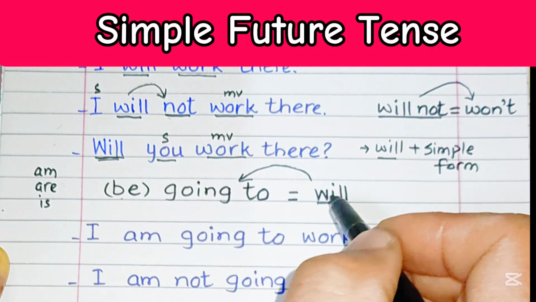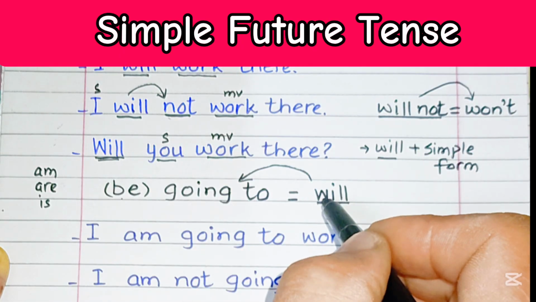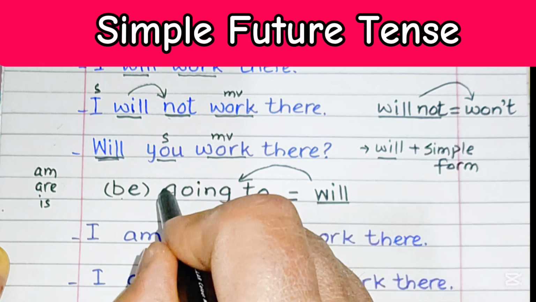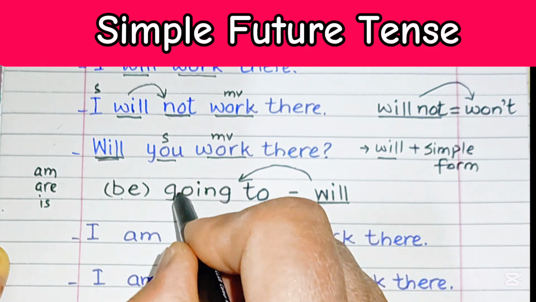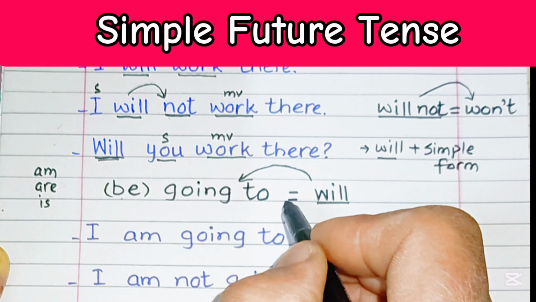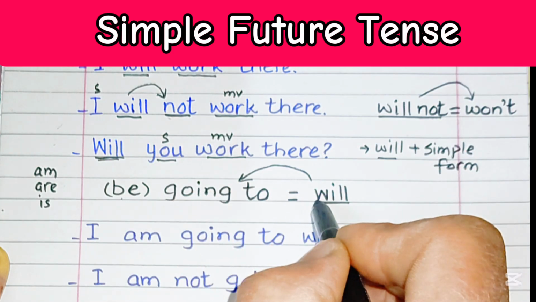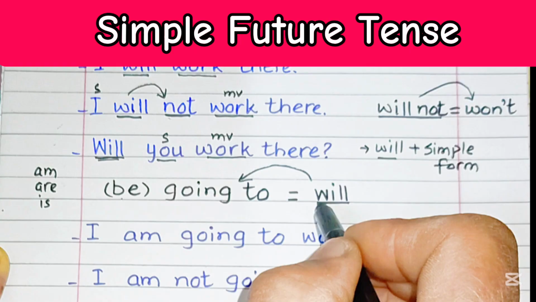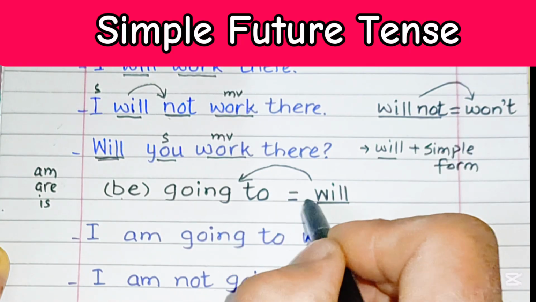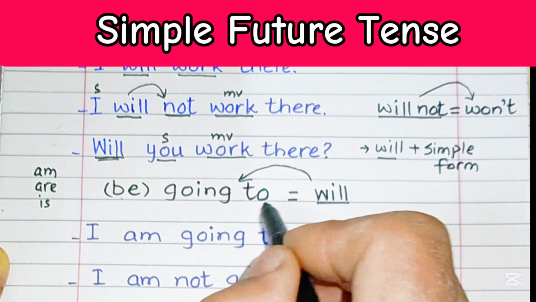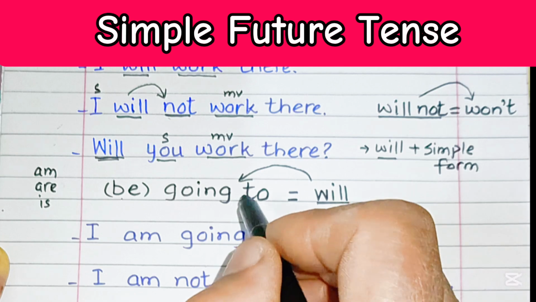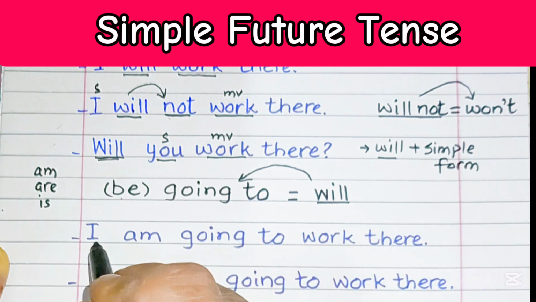So as I said, be going to can be used in place of will. These are almost the same, and each is used with the simple form work.